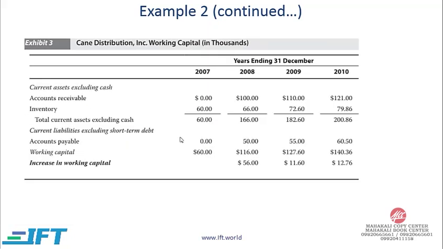So if you actually look at the numbers, then the calculation for working capital is fairly straightforward, and it's shown over here. At the end of 2008, the net working capital is 166 minus 50, which is 116. At the start of 2008, which is end of 2007, working capital is 60. So the change in working capital is 56.